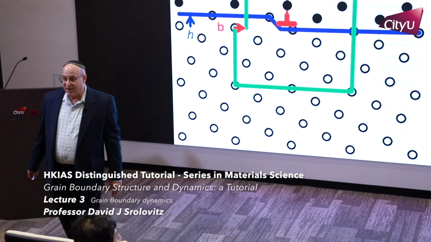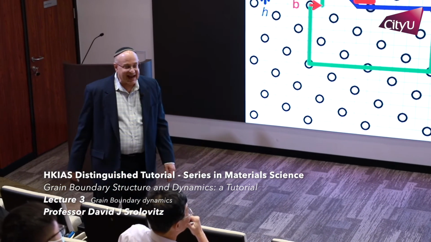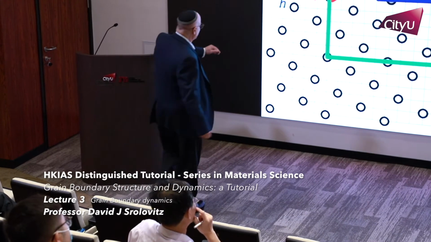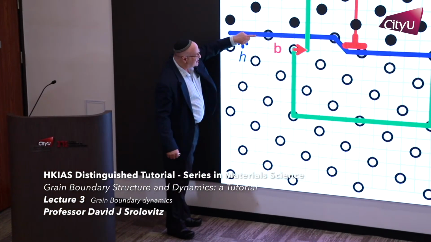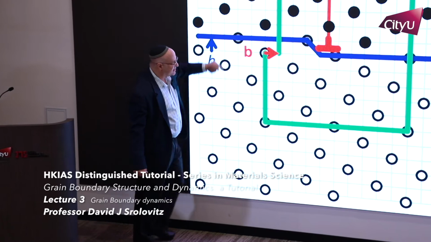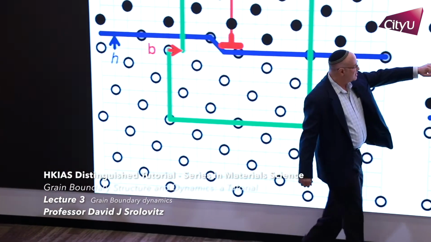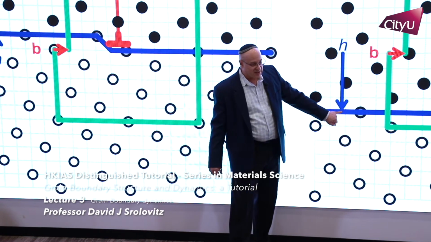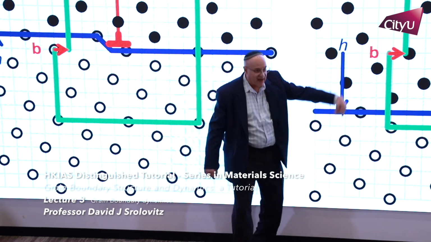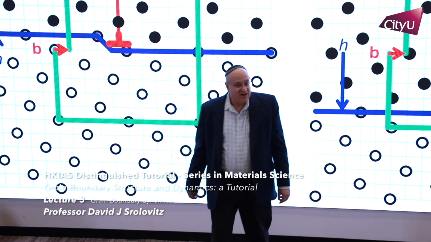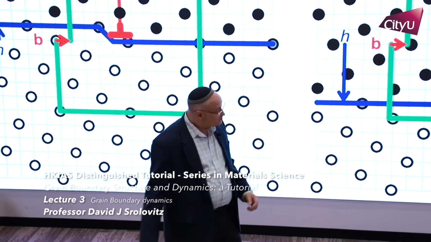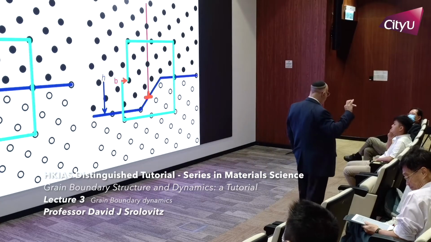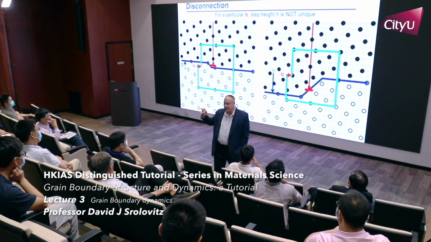If I do a Burgers circuit, you find out they have exactly the same Burgers vector, but this step height is of size 1 DSC lattice parameter, positive, and this one's 1, 2, 4 DSC lattice parameters, of the opposite sign. Okay?